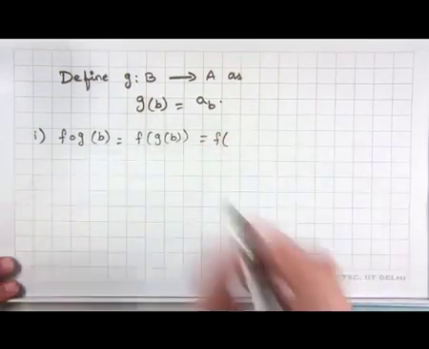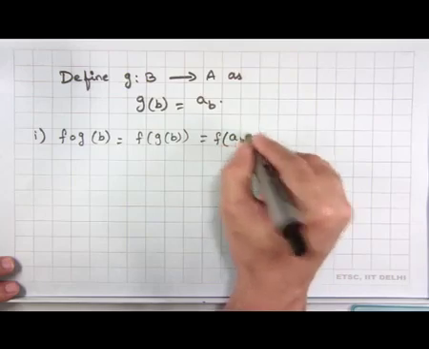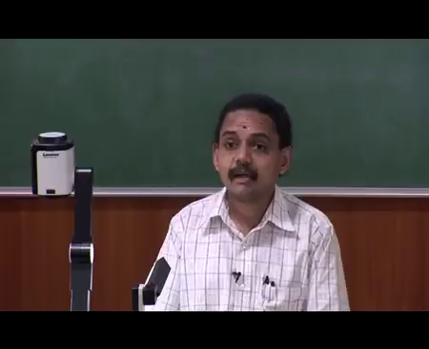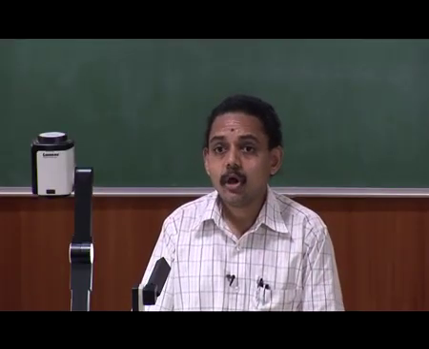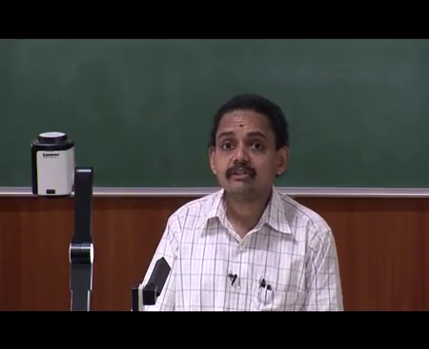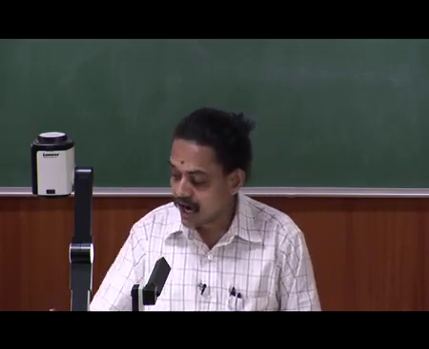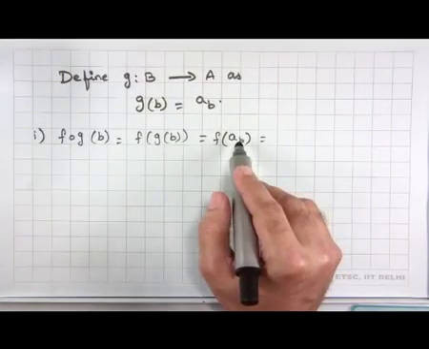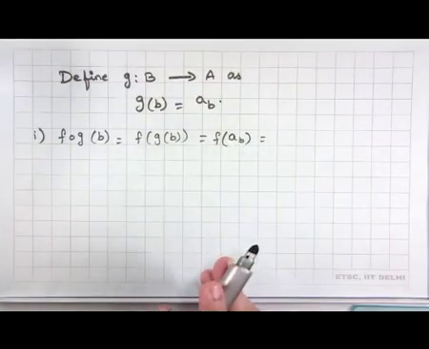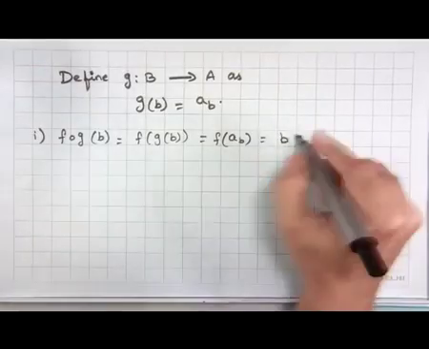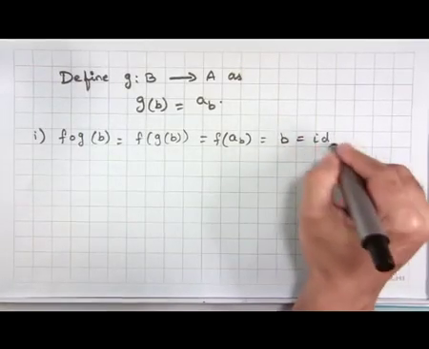But g of b is a_b, small a_b, which comes from the set capital A_b. Capital A_b consists of all elements of A which are mapped to the element b, and this small a is one among the choices, and we have made a unique choice from that set. Therefore, this is going to give me b, which is exactly the identity.